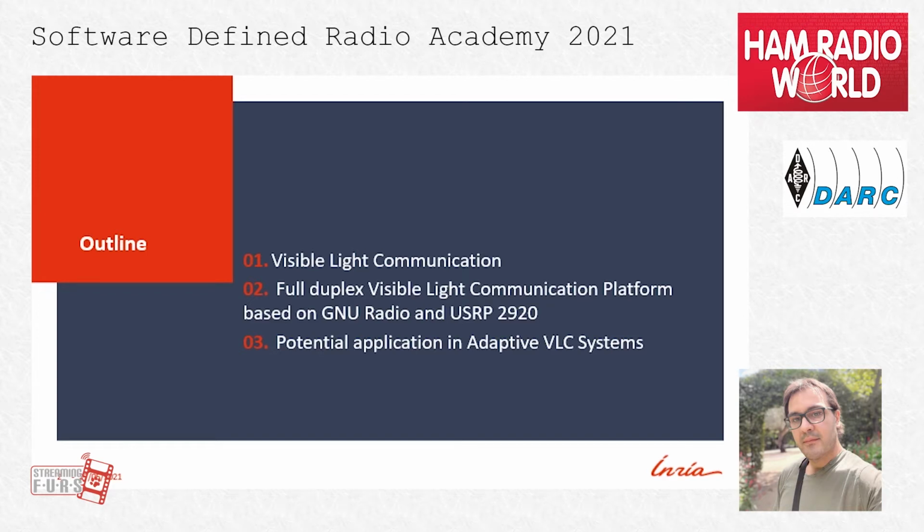For example, I will show you the implementation of the full duplex system, which allows the possibility of adapting in real time some communication parameters, like the power or the modulation index. These aspects are really interesting for the development of the visible light paradigm in real applications.